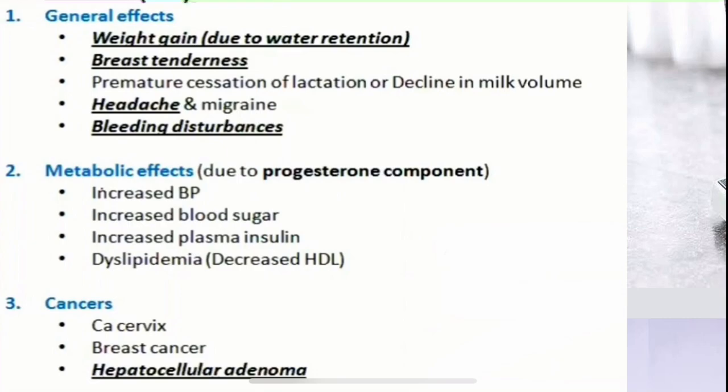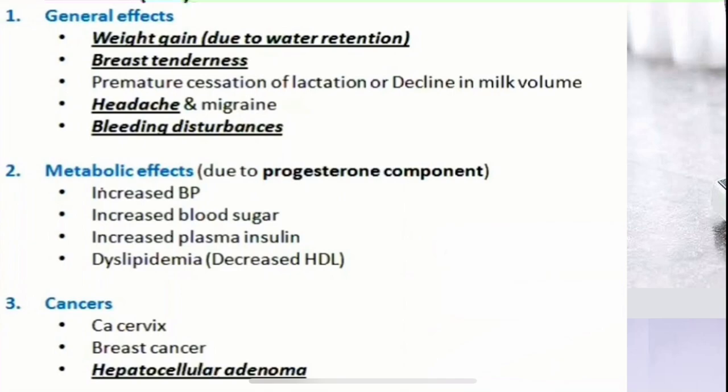Once the lipids are altered, the blood clotting and the carbohydrate metabolism are altered. Resulting from the carbohydrate metabolism, there will be elevated blood glucose and plasma insulin. They are usually related to the progestogen component.